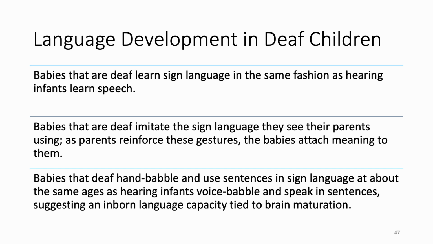Babies that are deaf hand babble and use sentences in sign language at about the same ages as hearing infants voice babble and speak in sentences, suggesting an inborn language capacity that is tied to brain maturation.